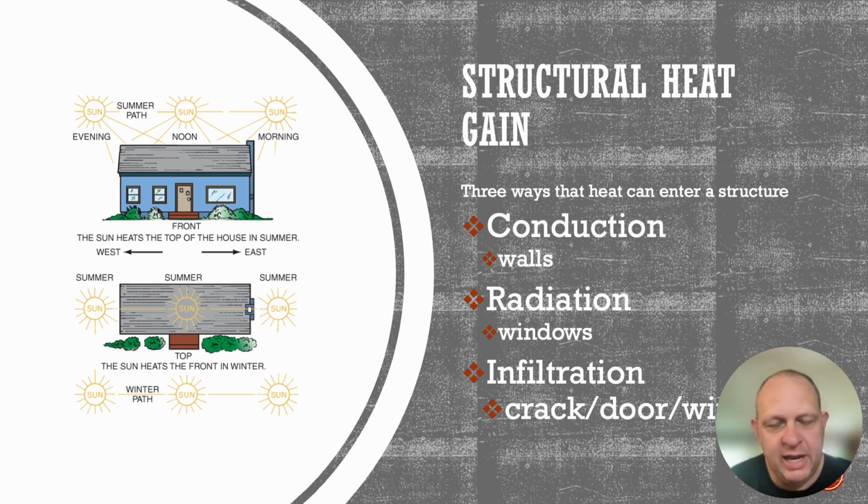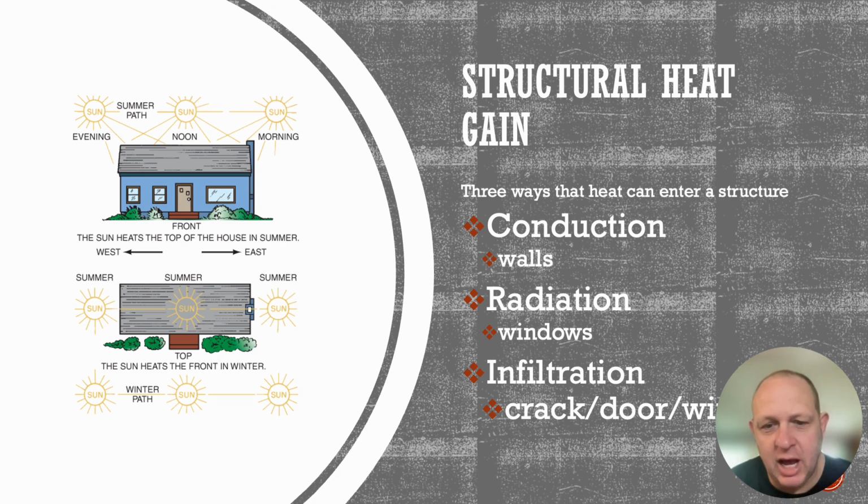Anytime that you're dealing with ventilation, as in exhaust for bathrooms or exhaust for kitchens, natural convection or natural drafts for water heaters and stuff like that, we're going to end up moving conditioned air out of the environment, and then we're going to be replacing that air, and that's the infiltration that's coming in.